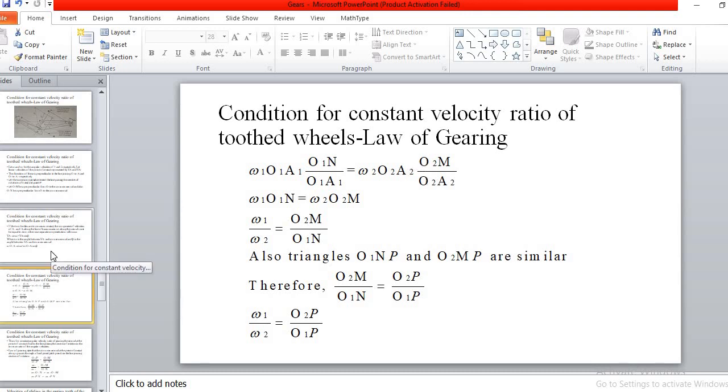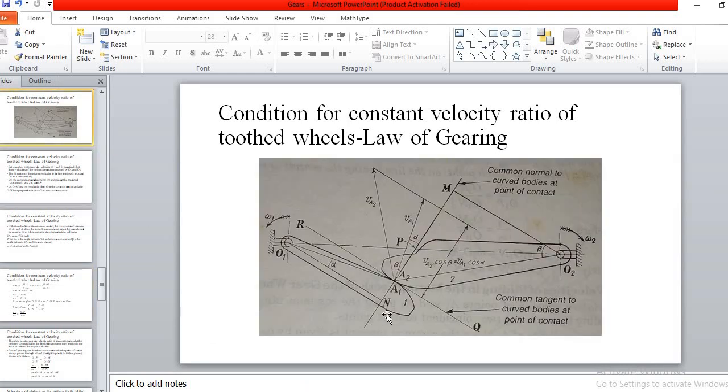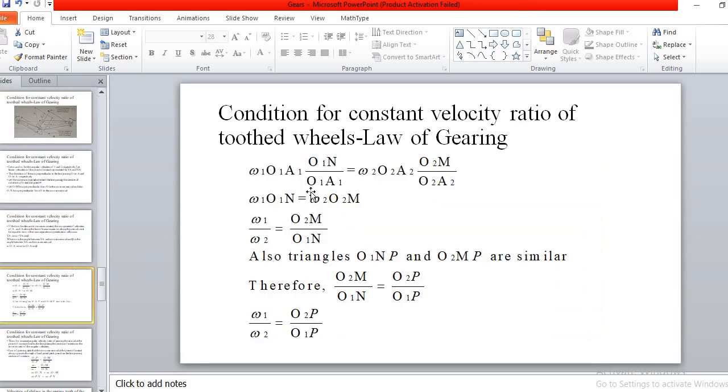By considering this triangle and this triangle, we can write for cos alpha and cos beta, and that will be written here: O1n divided by O1A1, O2m divided by O2A2. Now this O1A1 and this O2A2 get cancelled, and it becomes omega 1 O1n, omega 2 O2m.